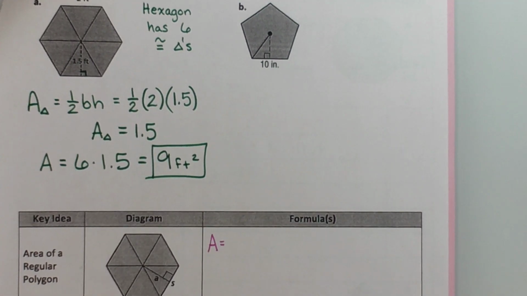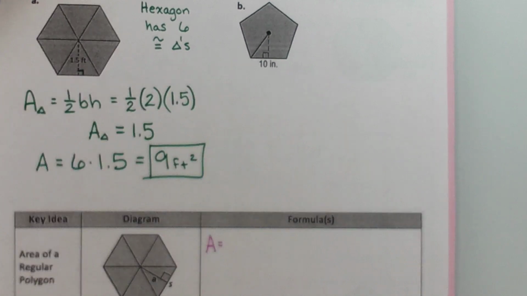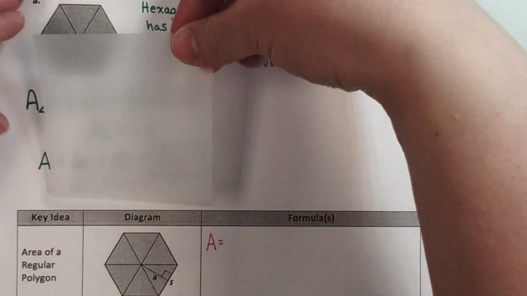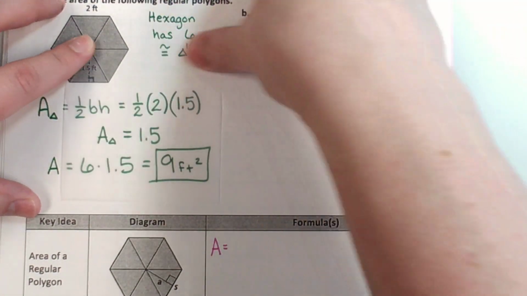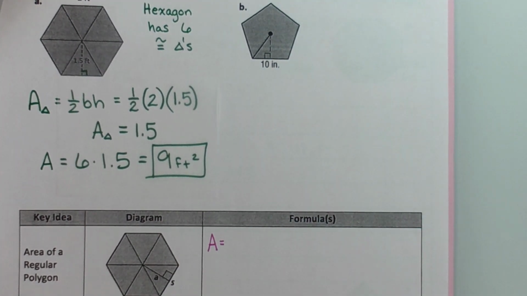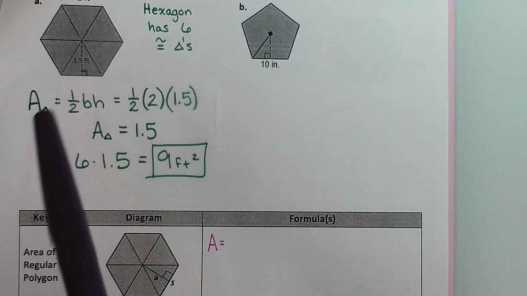Okay, where's my invisible sticky notes? I'm going to write things on the page that you should not write down, but I'm going to write them in invisible sticky notes because I want them in the recording. Otherwise, I'd typically write on the board. Okay, so let's break down what we did. We had the area of the triangle. The area of the triangle had the 1/2.